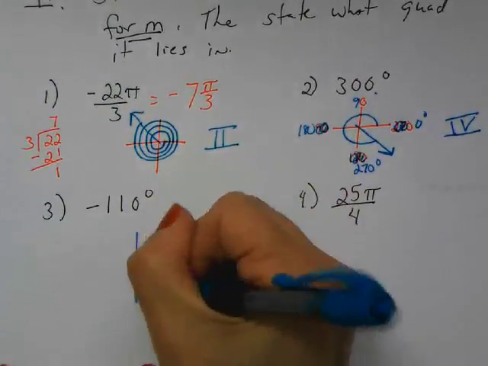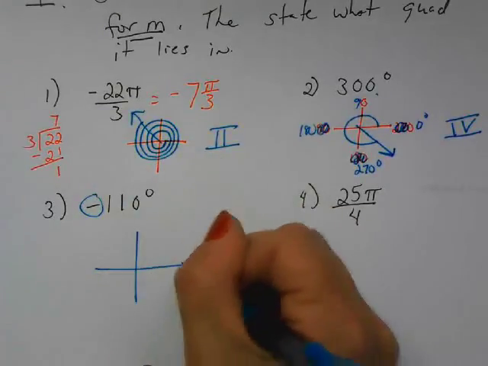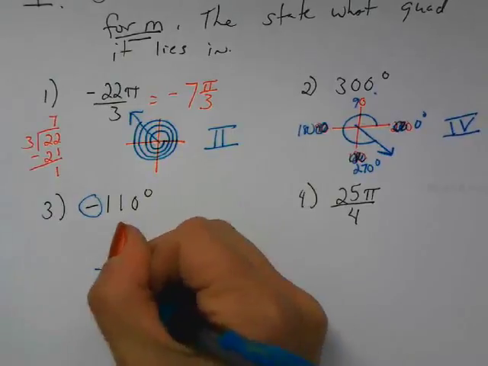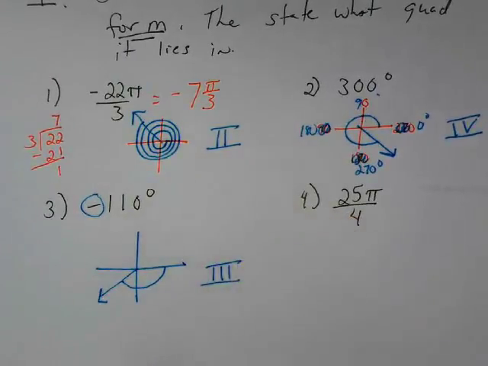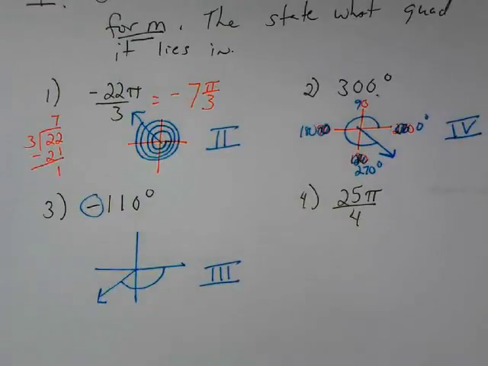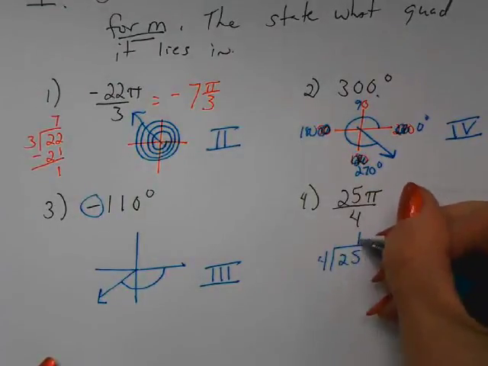Alright, -110. Again, because of the negative, I'm going to move clockwise. So I am there in quadrant 3. Now 25/4, I'm going to go ahead and write it as a mixed number to start with.